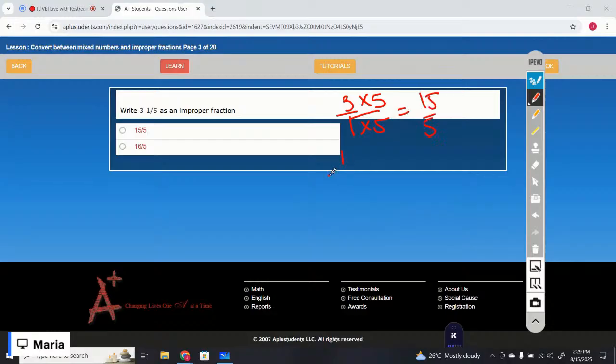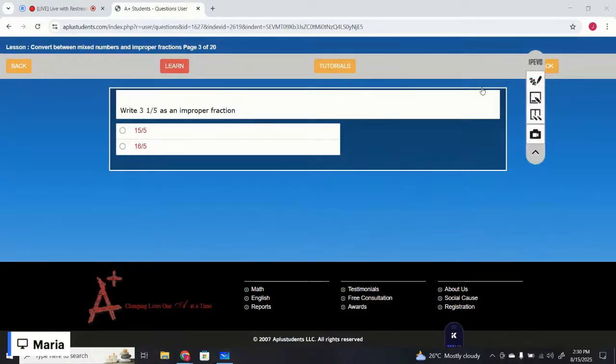So 1 by 5 plus 15 over 5 makes 16 over 5. Option number 2 is the correct option, that is 16 over 5.